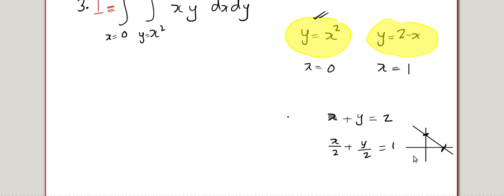If you want, you can solve them and find the point of intersection. x squared is equal to 2 minus x, and that will give you x squared plus x minus 2 equal to 0. You can use a calculator.